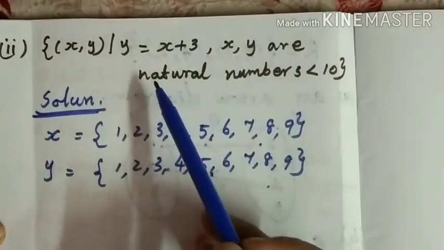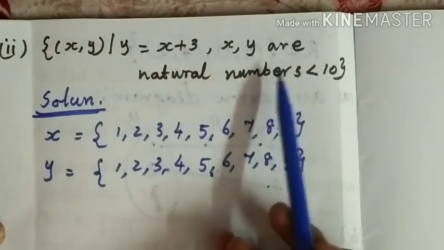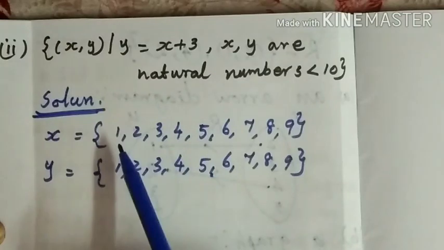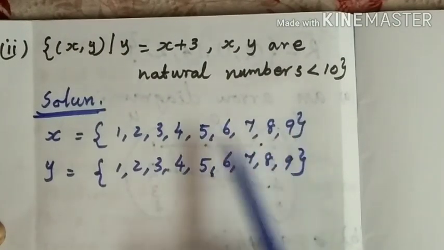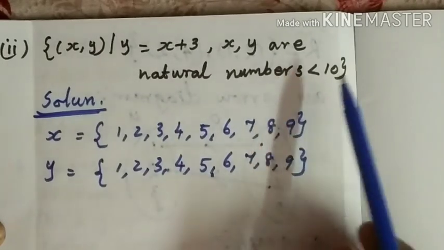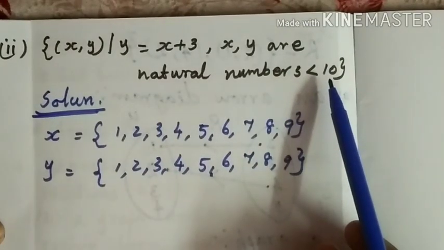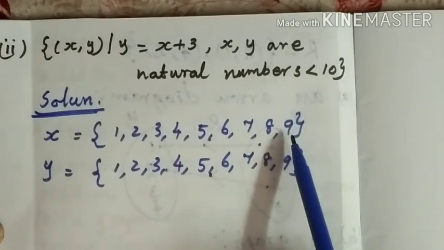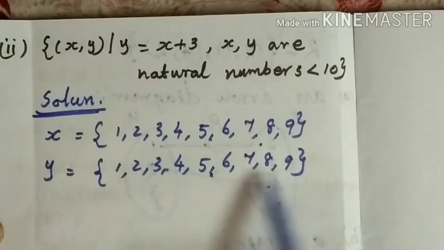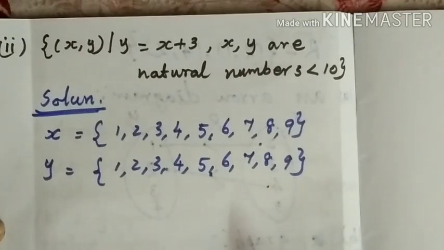Natural numbers start from 1 up to 9: 1, 2, 3, 4, 5, 6, 7, 8, 9. Because less than 10 is given, you stop at 9. Then y also 1 to 9.